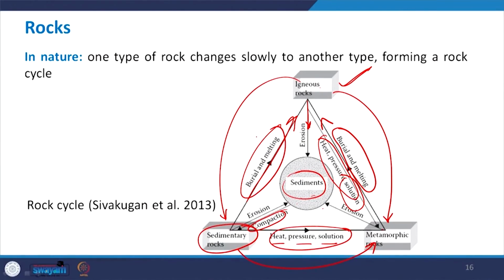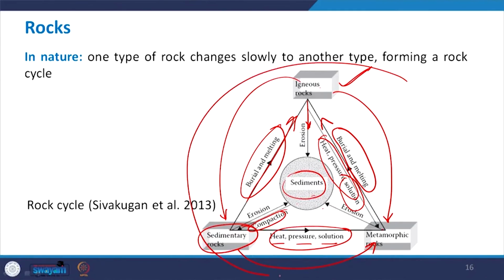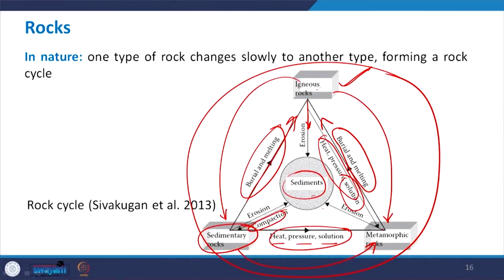Metamorphic rock and sedimentary rock, when they are subjected to burial or melting by some agency, can be converted to igneous rocks. So, basically all of these form a big cycle which is the rock cycle. Why are we calling this a cycle? Because one rock gets converted to another rock, and that other rock can again get back to the previous type of rock and therefore it completes the cycle. So, this is what is called the rock cycle.